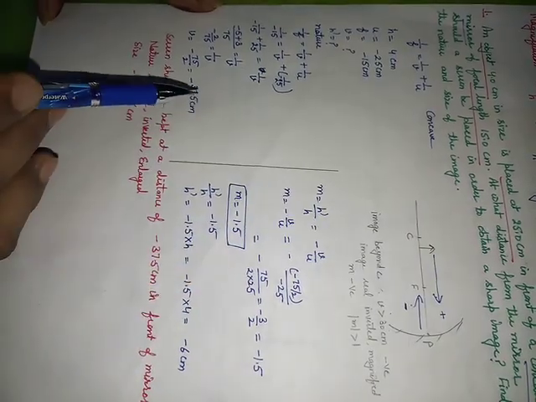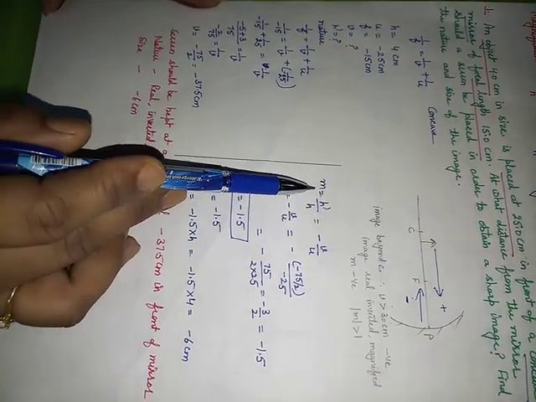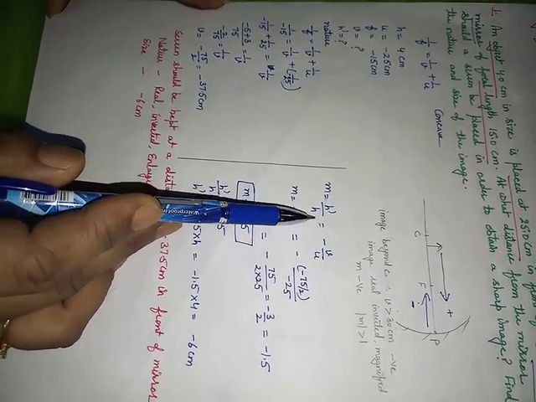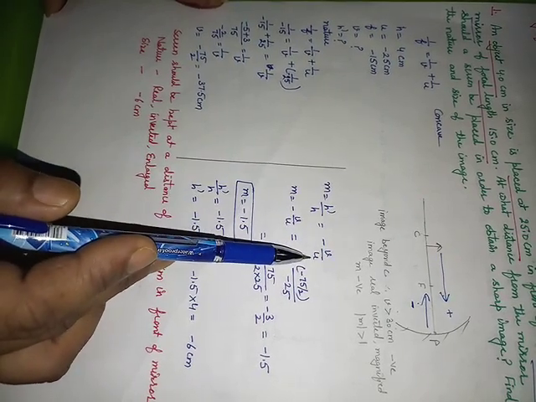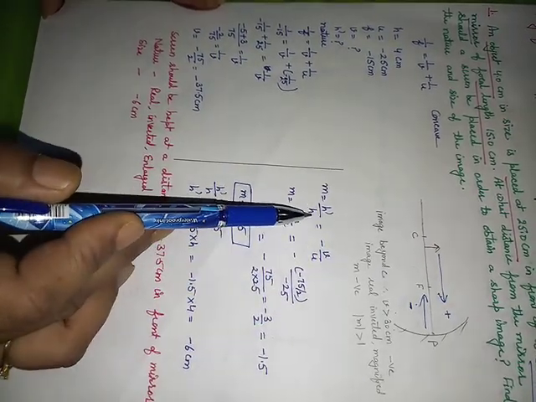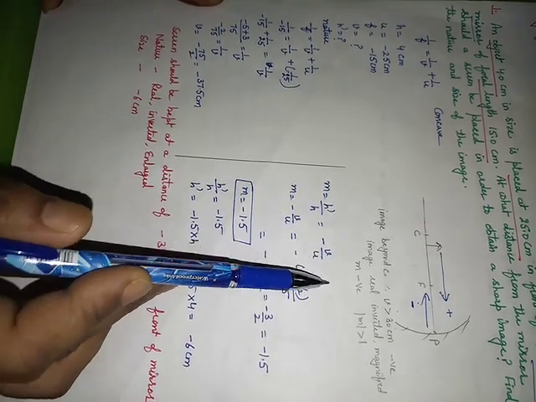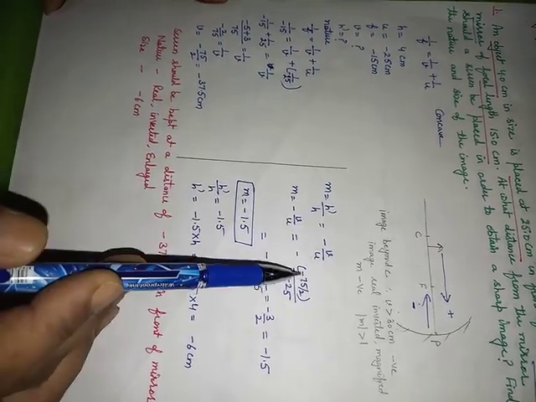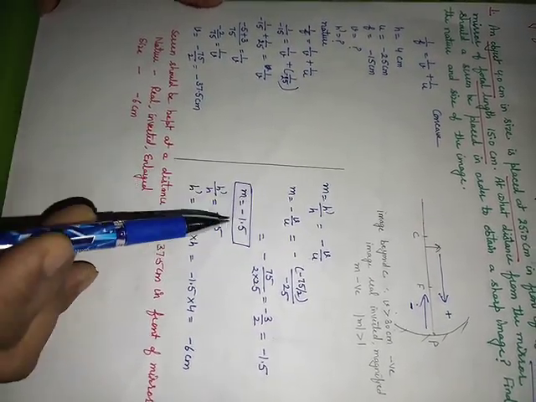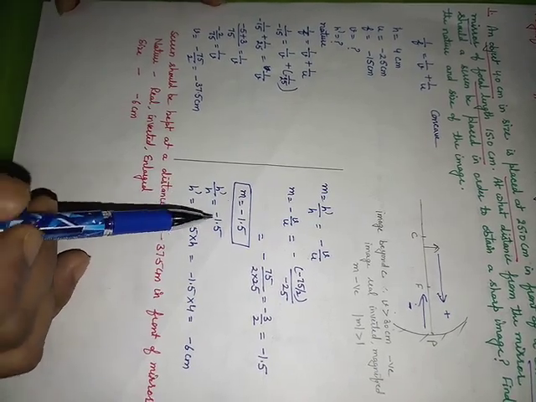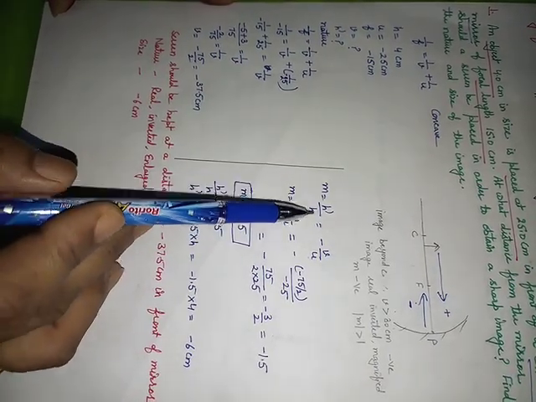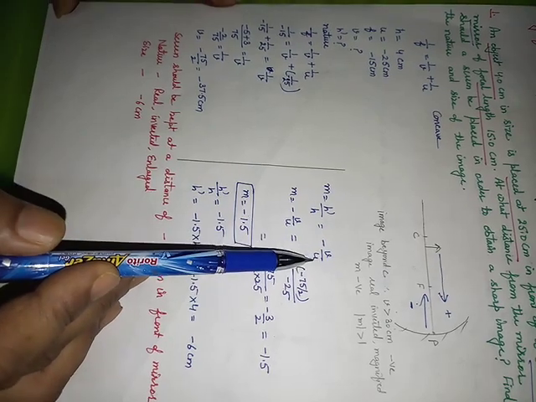Now next we will find the magnification. Magnification will be h dash upon h, which is equal to minus v upon u. You can put the values of h, v and u and then find h dash, or first you can find m and then find h dash. If you first find m, then m is equal to minus v upon u.